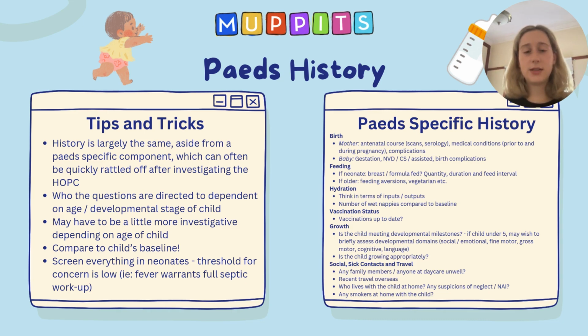Has there been any recent overseas travel? Who's living at home with the child, so the social situation, and not asking, but just gathering yourself throughout the history and exam, is there any suspicions of neglect or non-accidental injury, which is very sad but necessary to think about. And then, are there any smokers at home who live with the child too?